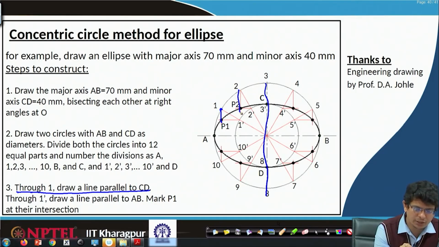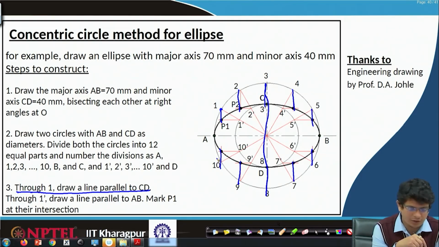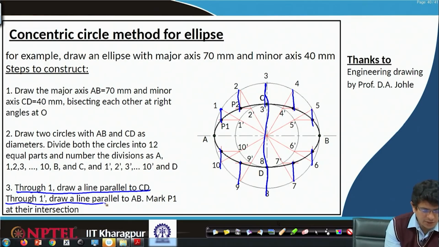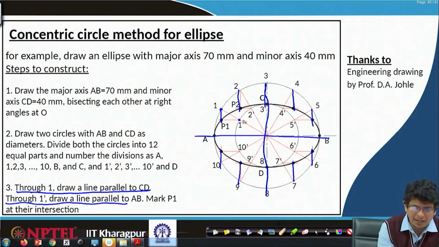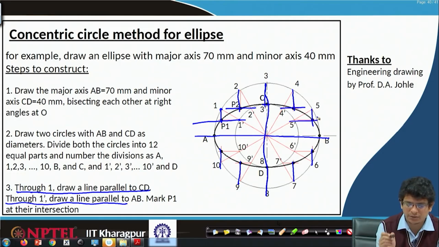Similarly, we will draw at 2, 3 is already there, at 4 also we will draw, 5, 6, 7, 8, 9 and 10 points also. Once that is done, through 1 dash draw a line parallel to AB. 1 dash is this point, AB line is this. Parallel to that we will draw a line. Similarly, at 2 dash, 3 dash, the intersecting point, 4 dash, 5 dash we will draw.